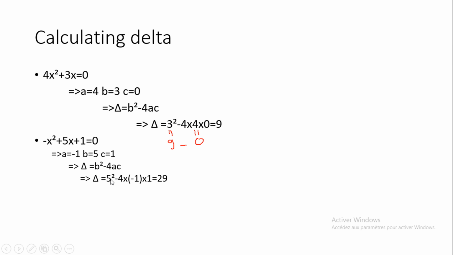Then our delta equals 5 squared minus 4 times minus 1, which is our a, times 1, which is our c. 5 squared is, guess what, 25, minus 4 times minus 1 times 1 is minus 4, and this is equal to 25 plus 4, which is 29.